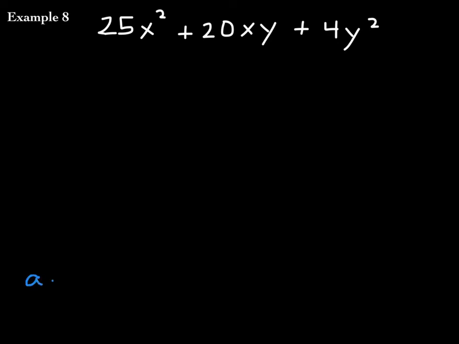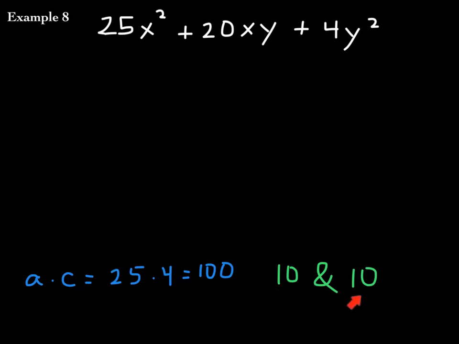A times C, in this case, would be 25 times 4, which is 100. So you and I want to find factors of 100 that sum to 20. Factors of 100 that sum to 20. I believe that would be 10 and 10, wouldn't it? 10 times 10 is 100, but 10 plus 10 is 20.